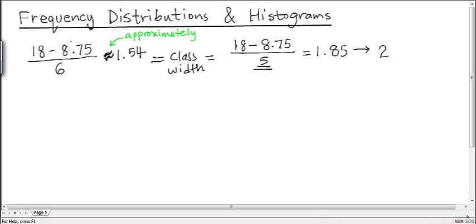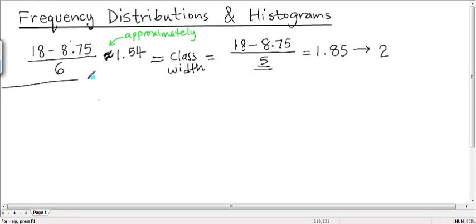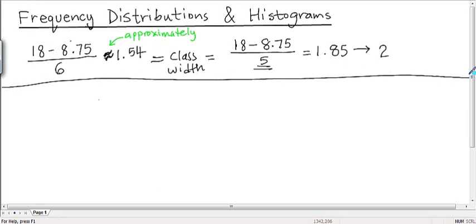So you start off by writing your lowest class limit. Let me make a frequency distribution. I want to write my class and the frequency. I'm going to start off with the lowest being 8.75, and I'm going to add 2 to that every time.